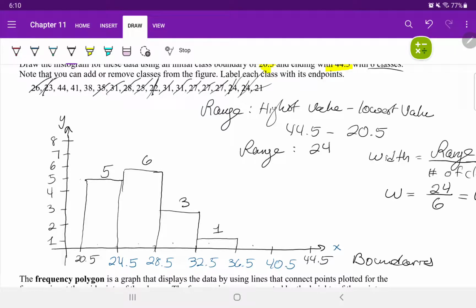Between 36.5 and 40.5, 1. Only, that's 1 again. And between 40.5 and 44.5, 1 and 2.